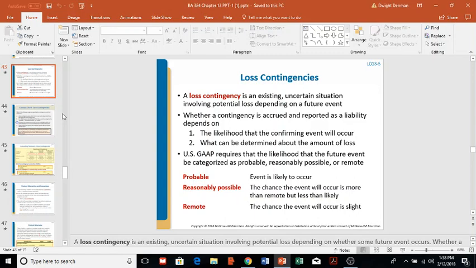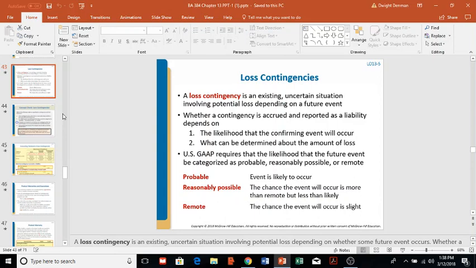So probable is that the event is likely to occur. Reasonably possible means that the chance the event will occur is more than remote, but less than likely. And then remote is that the chance that this will occur is slight. So probable, you would look at that as a greater than 50% chance that the event will occur, if you want to put some percentages to it.